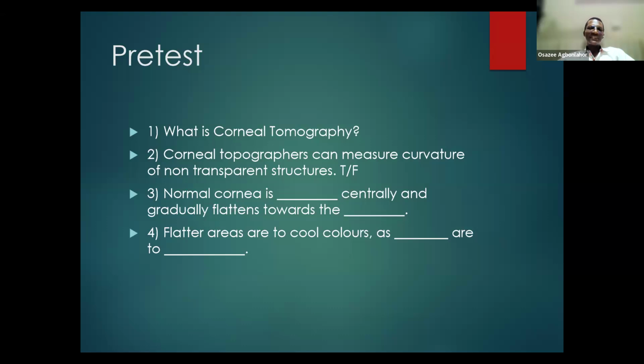So this is like a brain teaser. I usually ask these questions or puzzles to my children. There's a way it should follow. The first phrase should also sound like the second phrase. The only thing you need to do is fill in those gaps. So flatter areas are to cool colors, as steeper areas are to warm or hot colors.